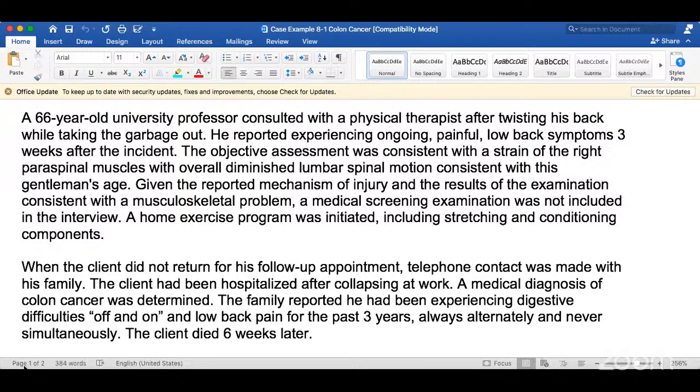Because if the family already had this information about him experiencing digestive difficulties on and off, and then low back pain for the past 3 years, it looked like the pain at his back only started after he took out the garbage. Could it be that the therapist didn't probe deep enough to know if he'd had episodes of back pain prior?